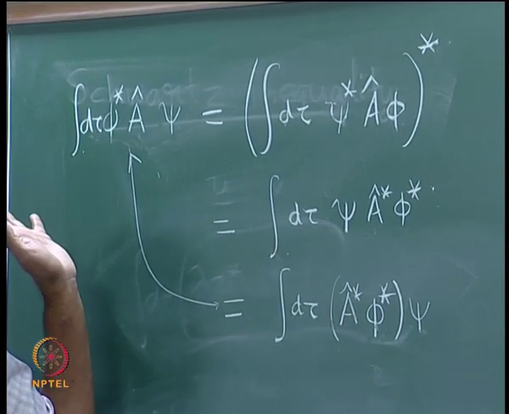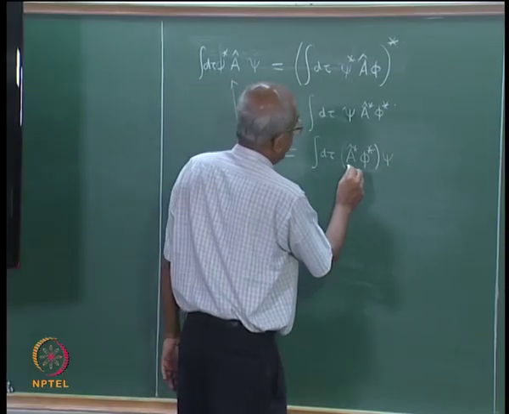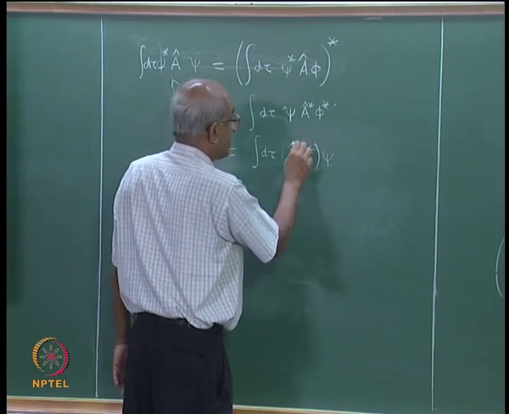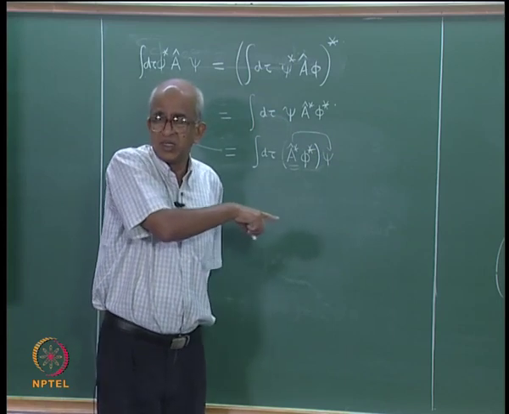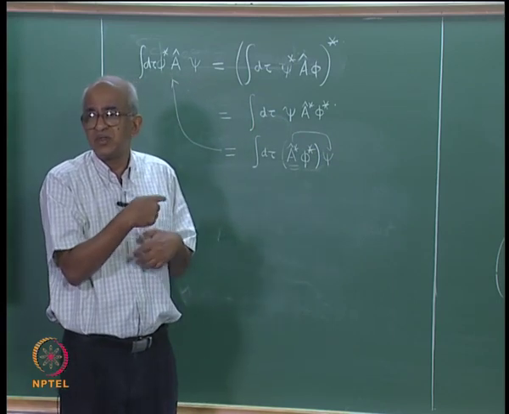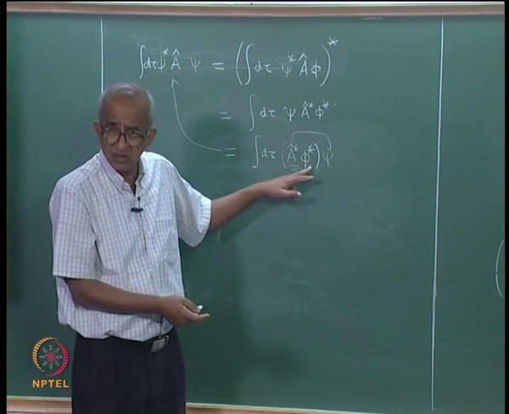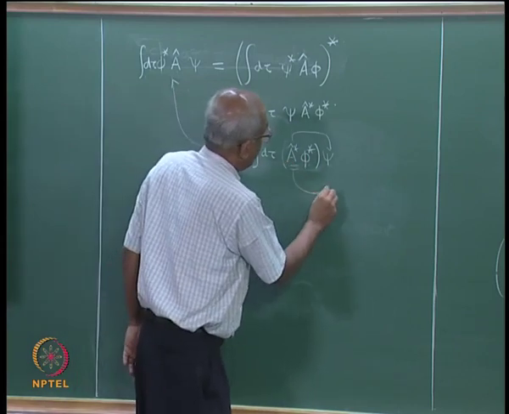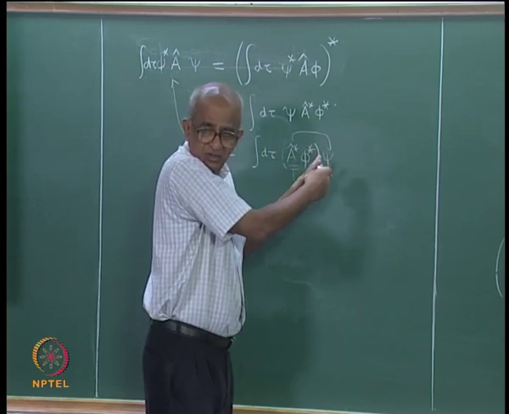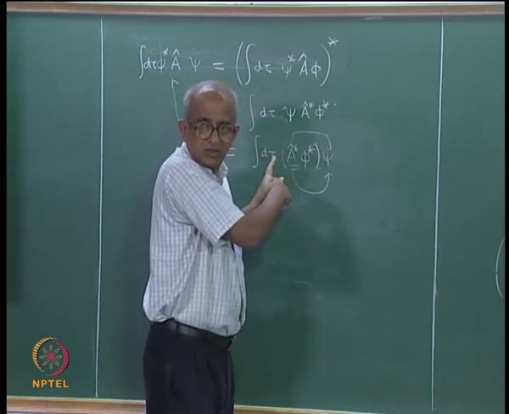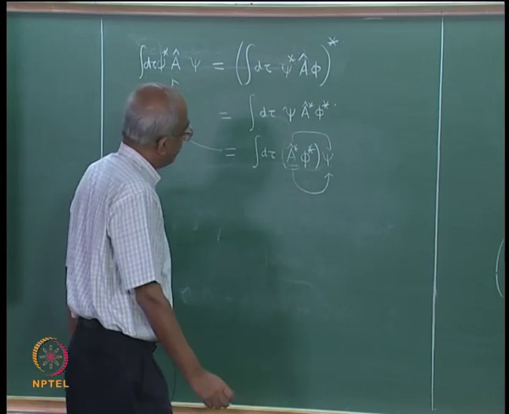You will get the same answer. So, you can put it the other way. If I had an A star here operating upon this phi star, that A star can be moved and allowed to operate upon psi, but then when you transfer it, it becomes A. The answer is going to remain unchanged provided you take not A star, but A, and this is useful.